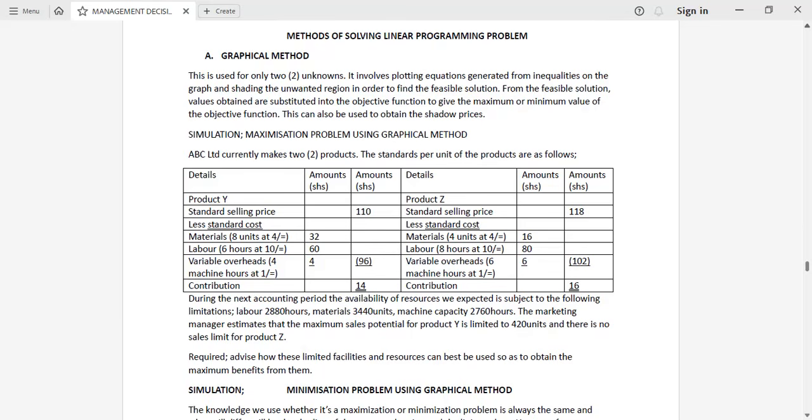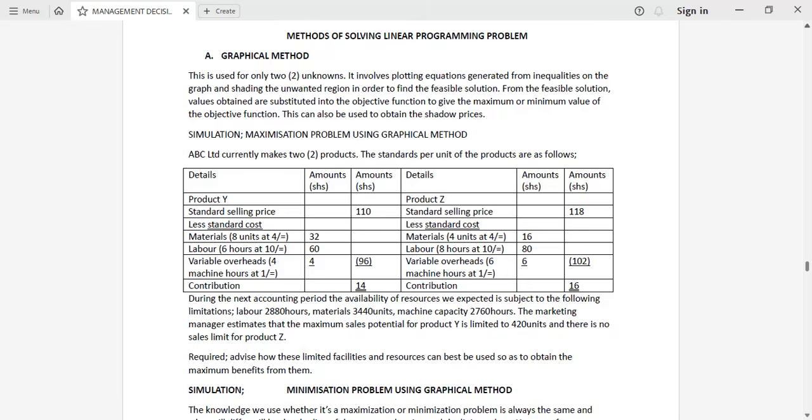We said that we are going to be using the graphical method and the simplex tableau method. Those are the two methods that we use to be able to solve all the linear programming problems.